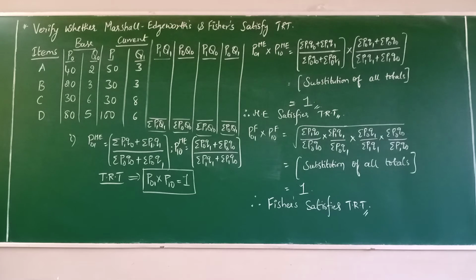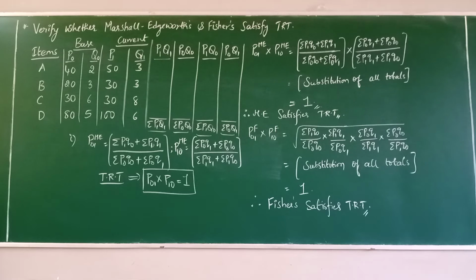As you all know, Marshall-Edgeworth satisfies TRT, the time reversal test. Now coming to Fisher's. As you know, Fisher's is the geometric mean of Laspeyres and Paasche. You know the formula, right? Just substitute the formula in the place of the time reversal condition, P01 into P10.